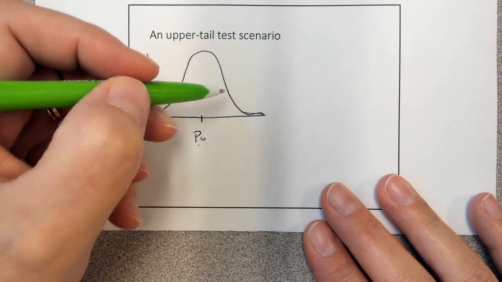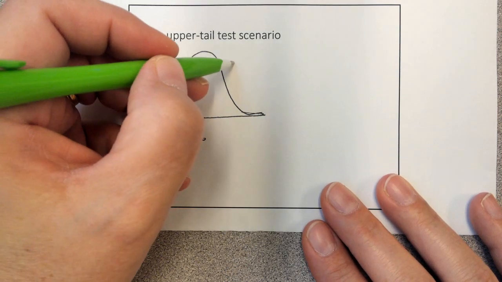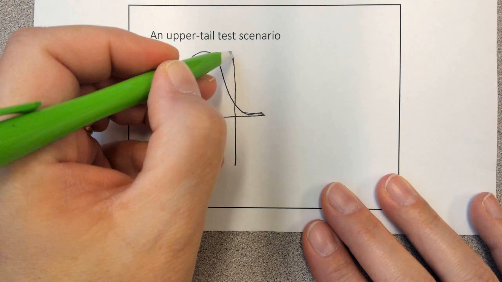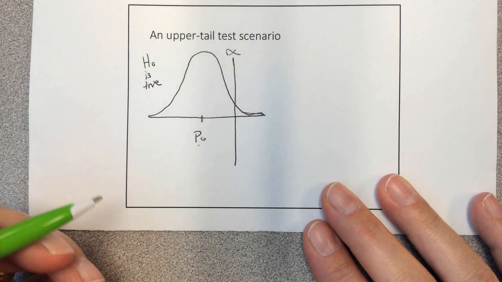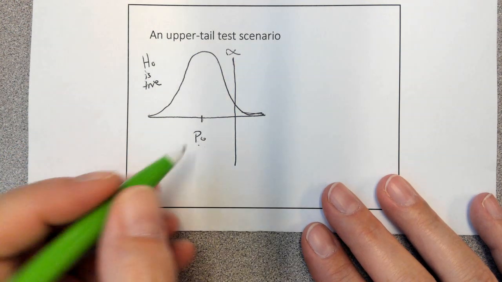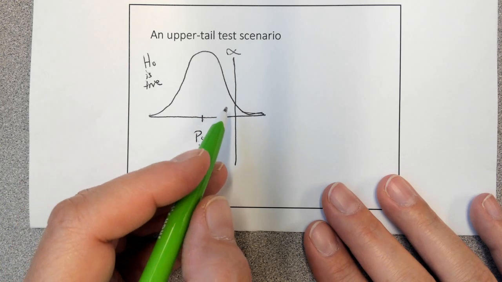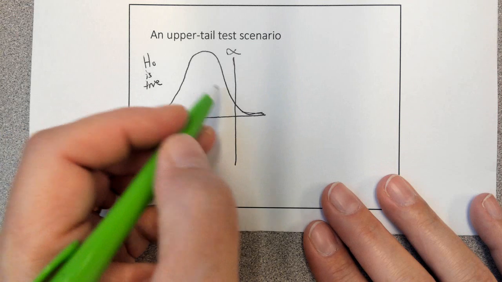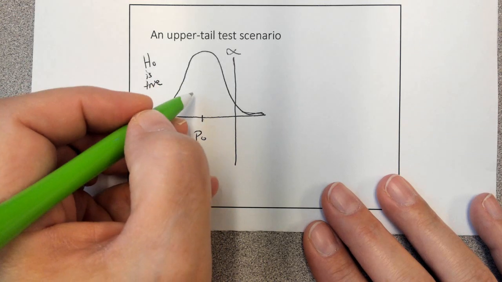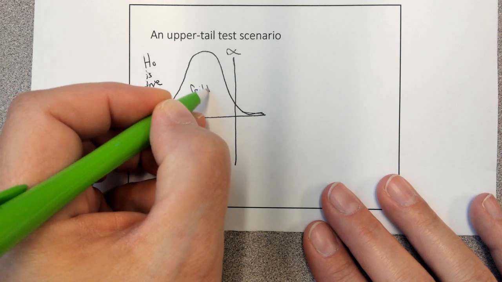And we decide that we set our alpha level at, say, 5%. I'm not going to put a number there because that's changeable. If we put our alpha level there, and then we go look at a sample, if the sample falls to the left, then we would fail to reject.